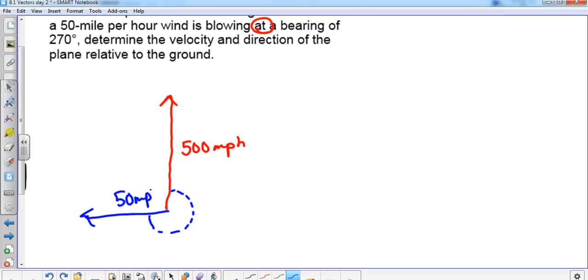If we were doing an accurate representation, this is not good because this should be 1/10 as long as the other one, right? 50 and 500, yeah, this one would be way shorter, but we're going to go with it. All right, what do you want to do?